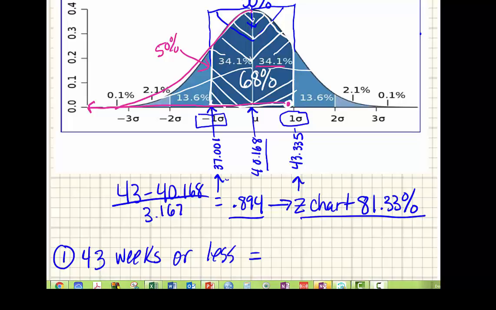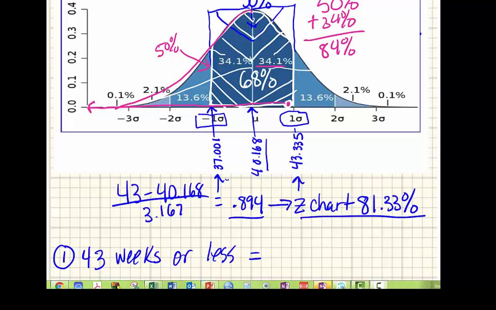It's going to be close to 50% plus 34%, or 84% chance of it being 43 weeks or less, because from here all the way back we think is going to be close to 84%. Now, it's actually going to be less than that, because the fall off between our white line and the next line over is a couple percentage points, because that middle section is so dense.